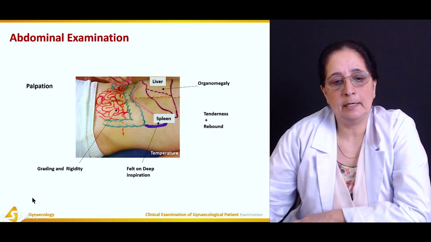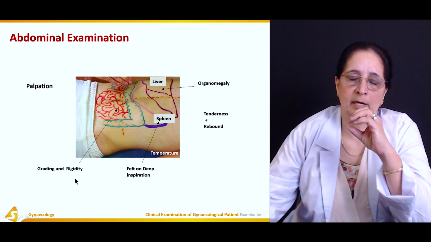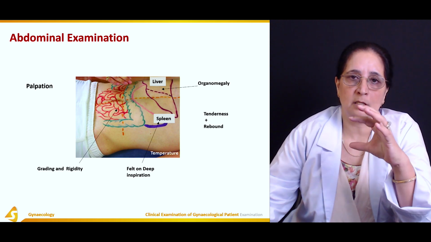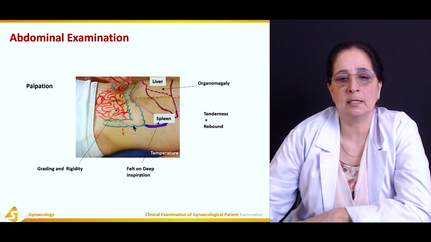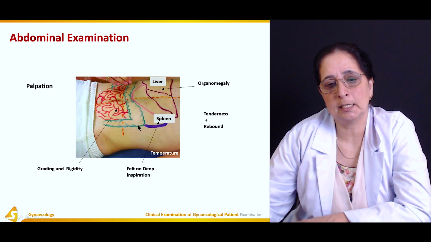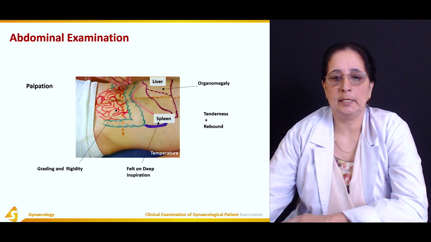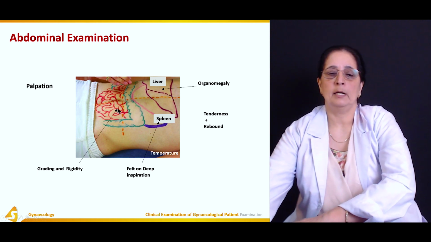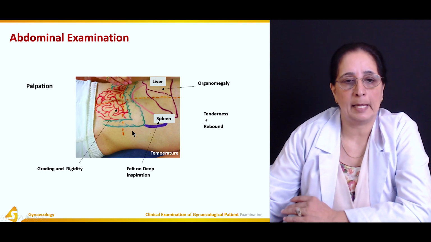If there is any rigidity, rigid means the abdomen feels very stiff, not soft. Rigidity and guarding are common in inflammation like peritonitis. So all these are very common signs that can be felt on palpation.